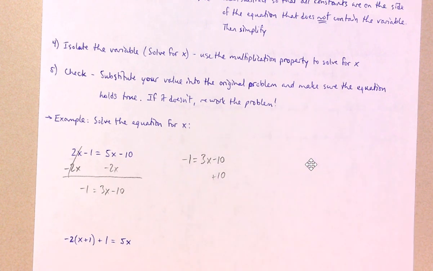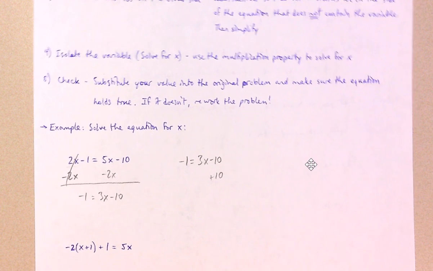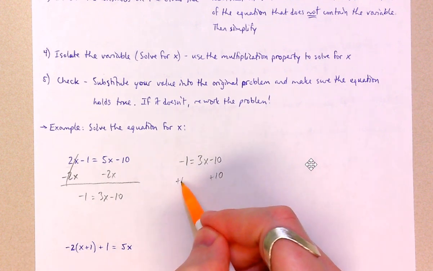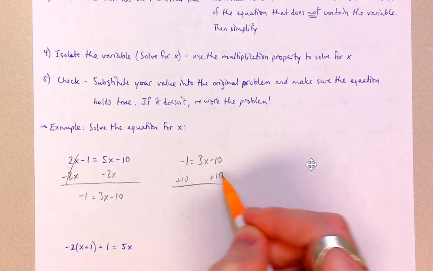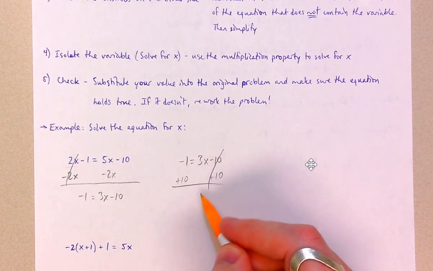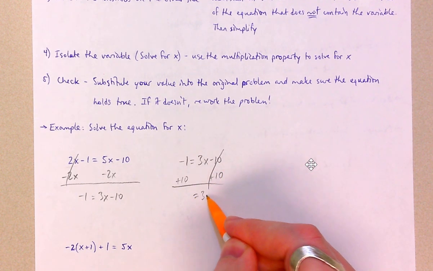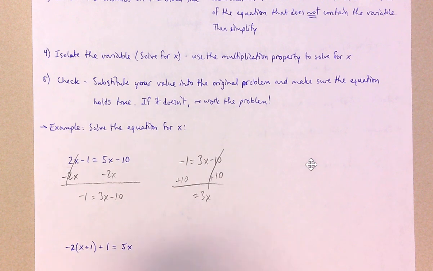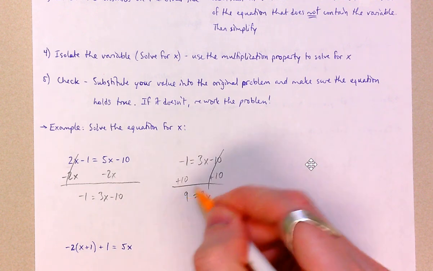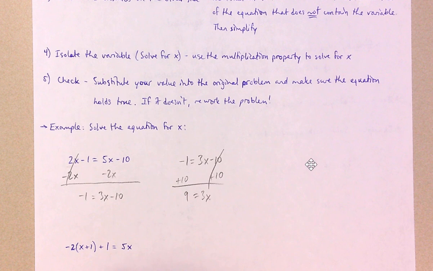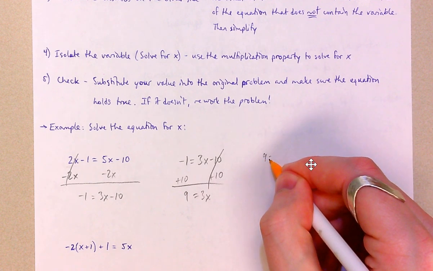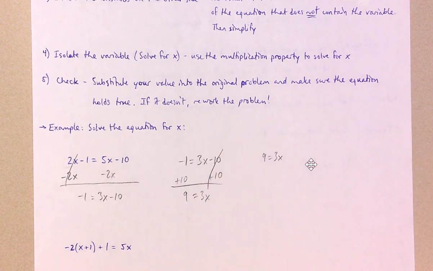Well, I can add 10, and that clears it out. And then what I do to one side, as we know, I have to do to the other. So those will just cancel out to 0. And I have -1 plus 10, which is 9. So I have 9 is equal to 3x.